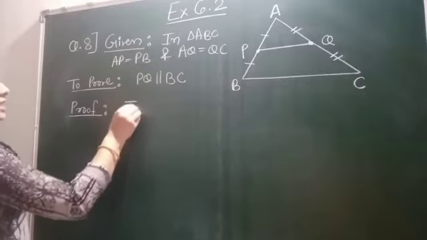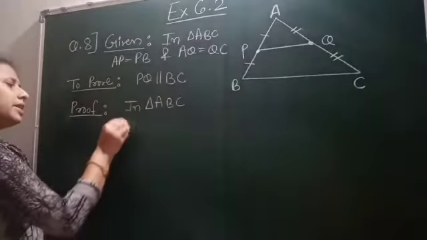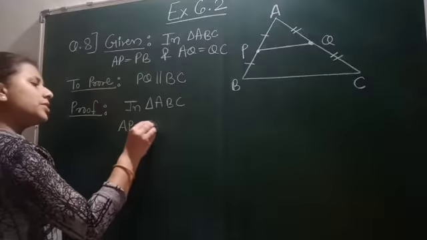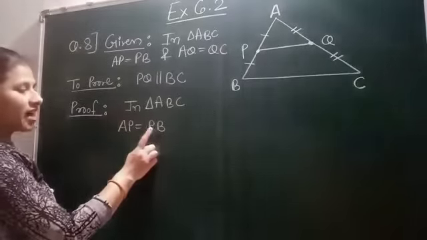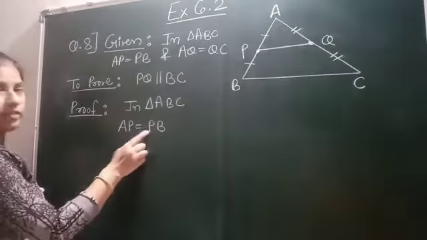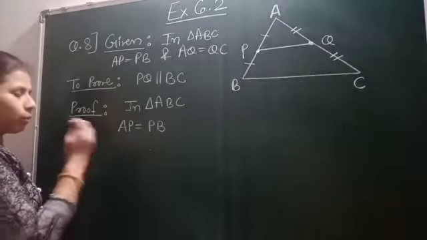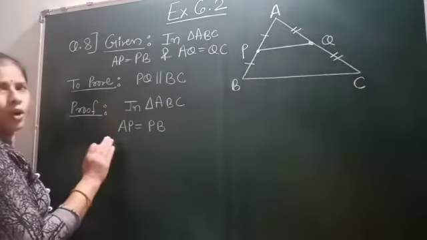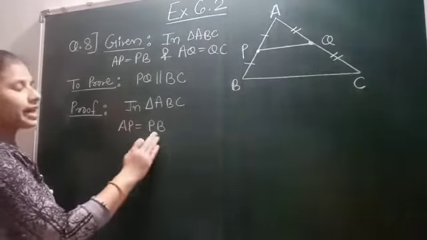Student, it is given that in triangle ABC, AP is equal to PB. If we shift this PB from the right hand side to the left hand side, it will come in the denominator of AP. Or by the next method, you can divide both sides by PB.